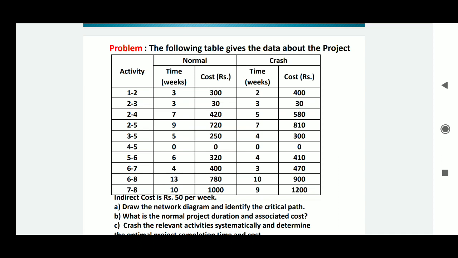So crashing is nothing but employing more resources in terms of men or machinery. Here the activities are given, the normal duration, the normal cost and the crashing time. Crashing time means up to how much you can reduce that normal activity.